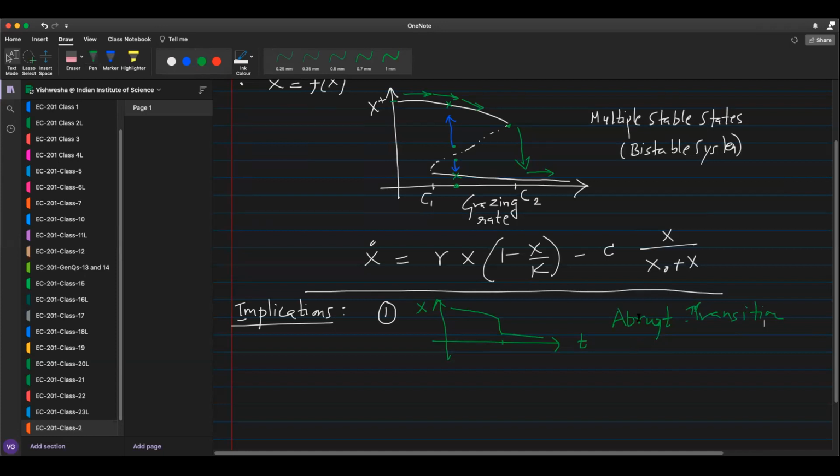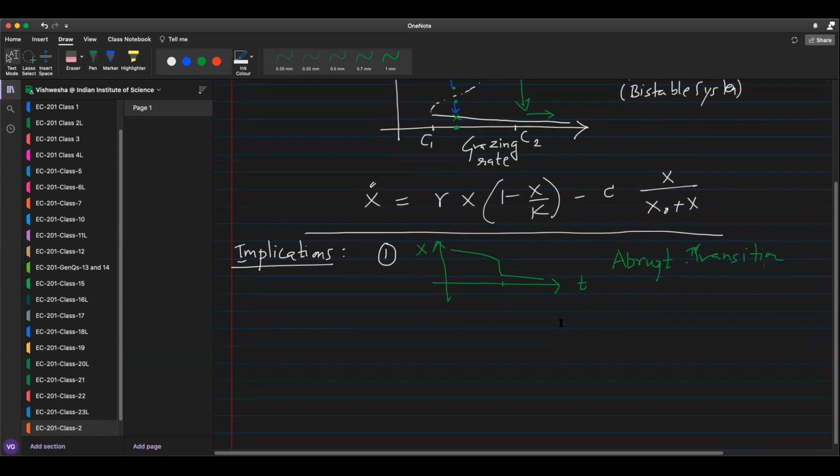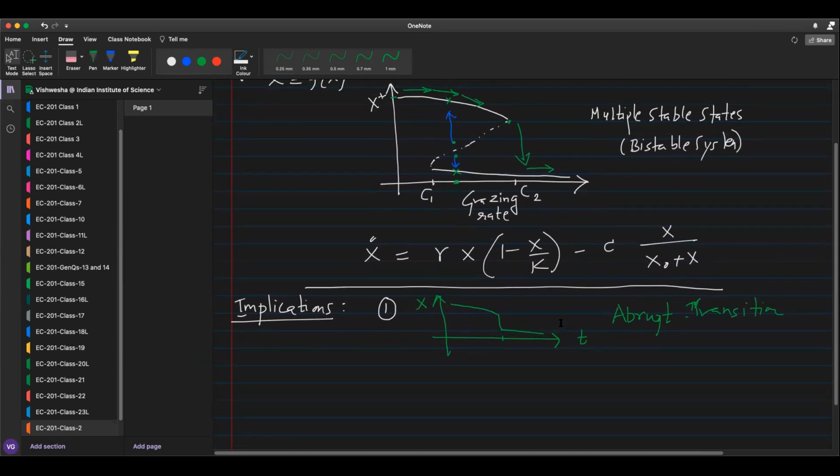But what is so surprising, or so interesting about this, is the following: we had an abrupt transition, although the driver itself was changing gradually, right? For example, if I were to also plot C as a function of time, that's just increasing.